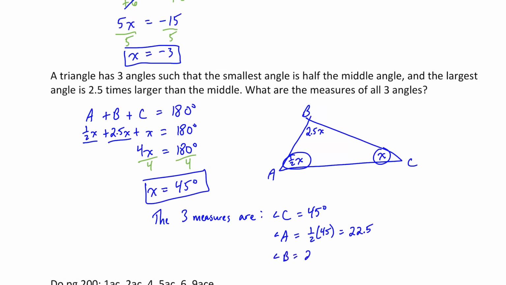Then angle B is equal to 2.5 times 45. And 45 times 2.5 is 112.5 degrees. And those are the 3 angle measures.